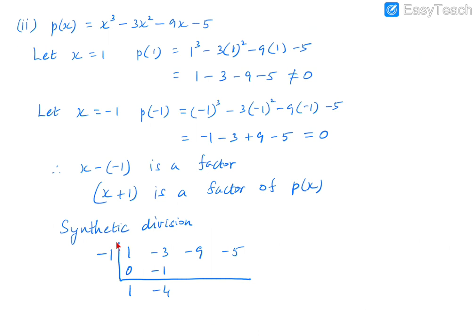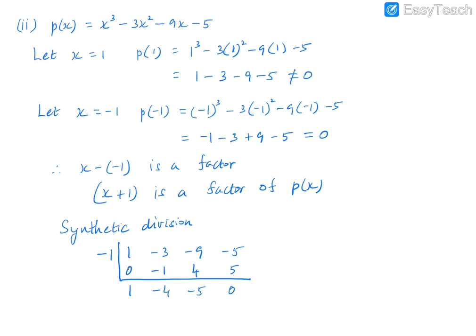We now multiply this minus 4 with this minus 1, so minus 4 into minus 1 gives us plus 4. And minus 9 plus 4 is minus 5. Now the product of minus 5 and minus 1 is plus 5. And now the sum of minus 5 and plus 5 is 0.